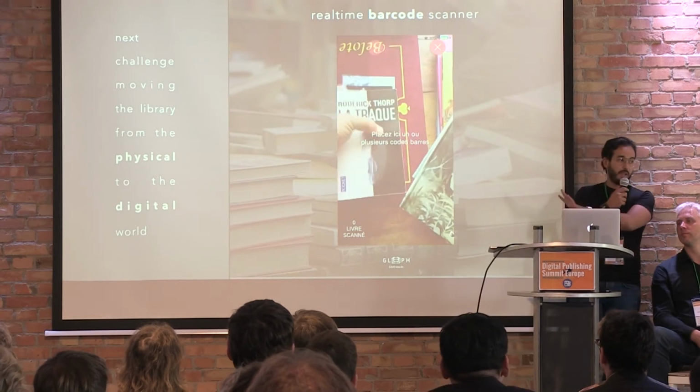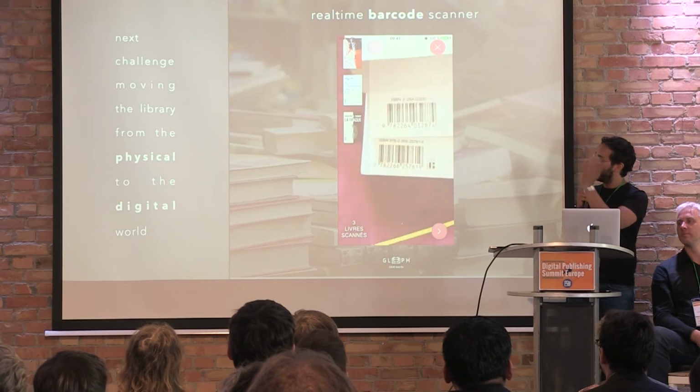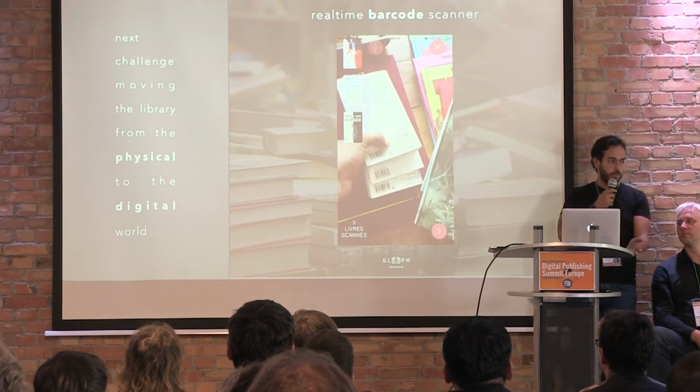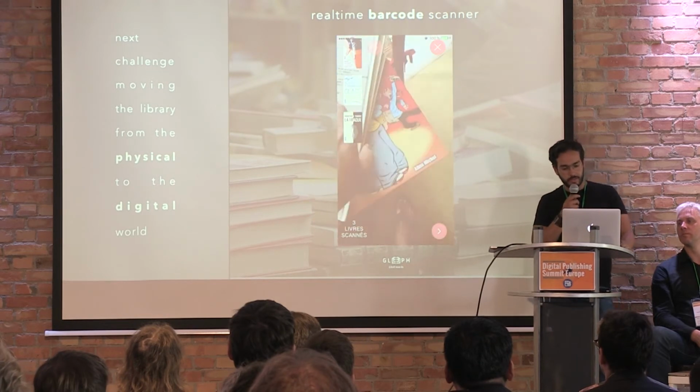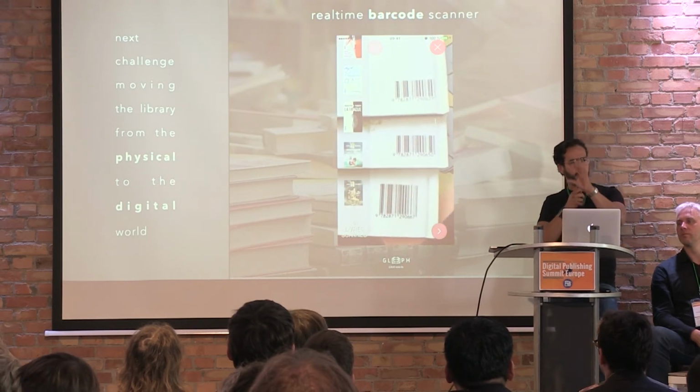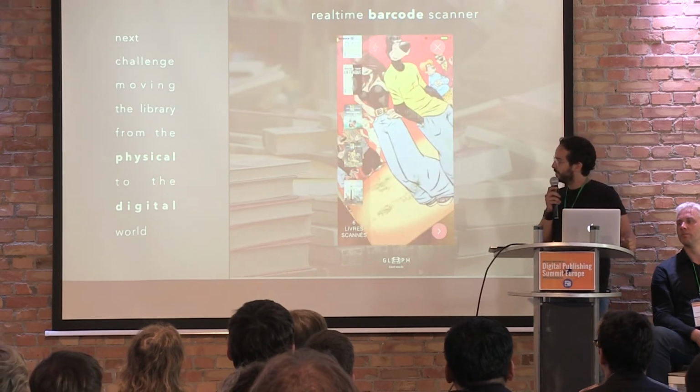It's a real video, it's not fake. You just need to film it, and it recognizes all the books in real time. It works with comics. It's very easy with comics because they are thinner, so we can hold more comics at the same time in the hand. So this is the first tool that we're using to move from the physical to the digital world.